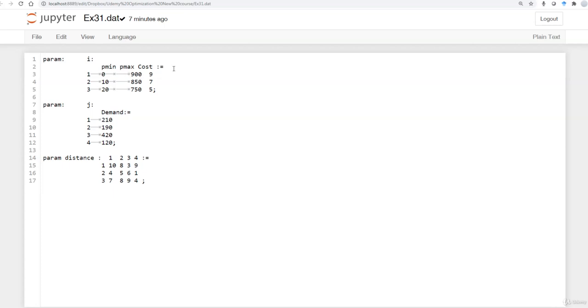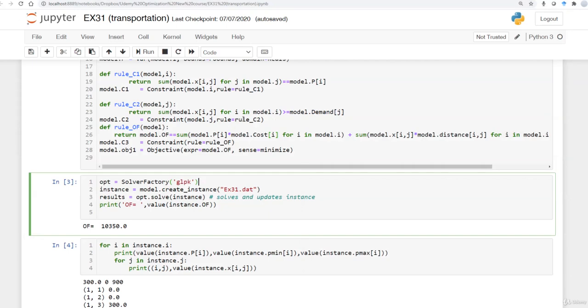And if we have other characteristics, we could put them here. And also parameter J is defined over 1 to 4, and the demand is specified here. And the parameter distance, the distance between each pair of nodes, is given here. Okay, so you have to specify that in your dat file.